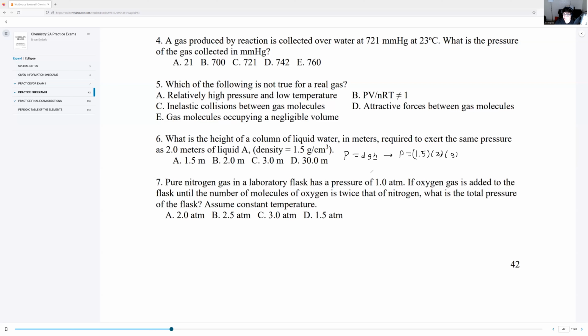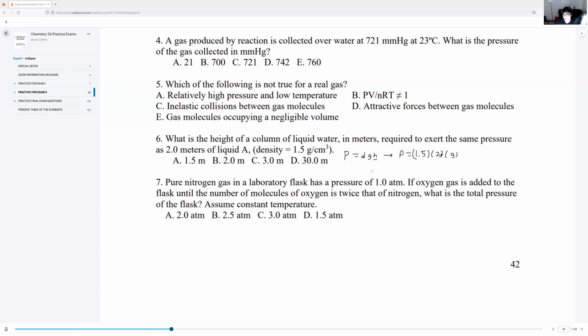The density of water is 1 gram per milliliter or centimeter cubed. Gravity is still the same, and the height is what we're looking for. So these G's will cancel out, and you end up getting the height is equal to 3. And that's it for this problem.